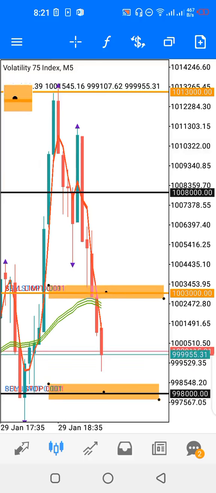So I've got the 1008000 mark, the 1003000 mark, the 998,000 mark, and the next will be the 993,000 mark. I've also got the 1013,000 mark. So it's either the 3,000 mark or the 8,000 mark.